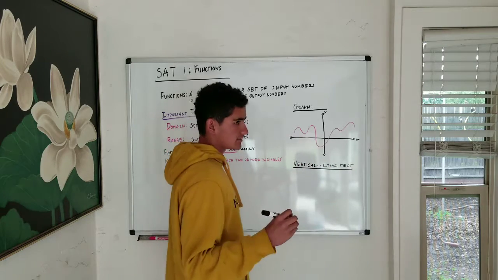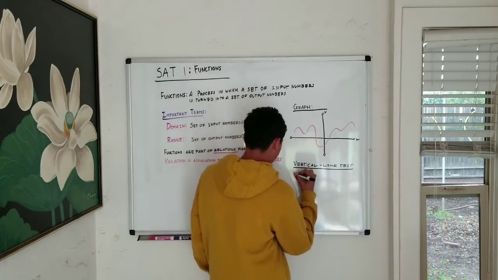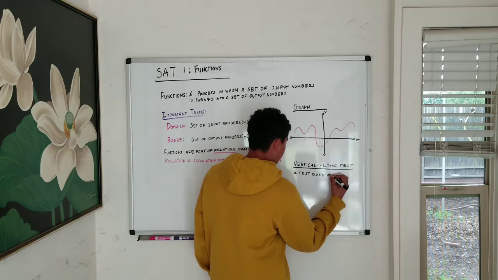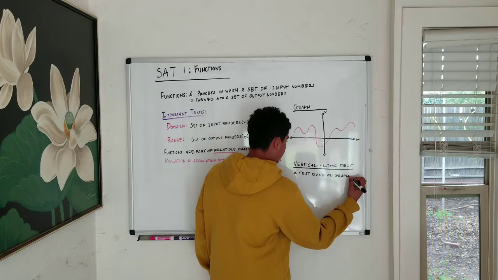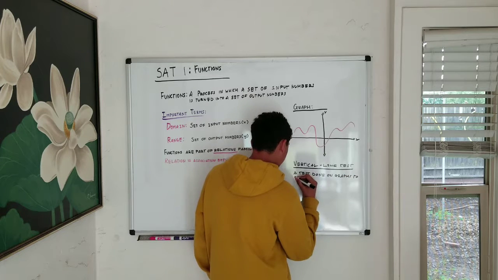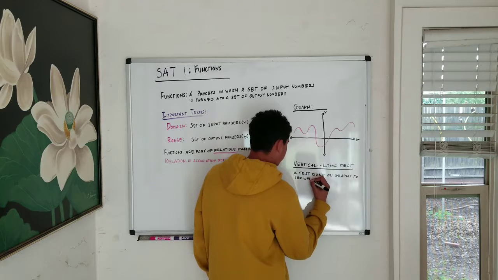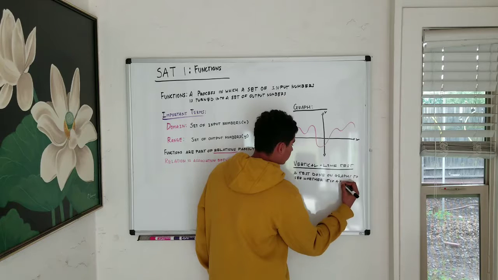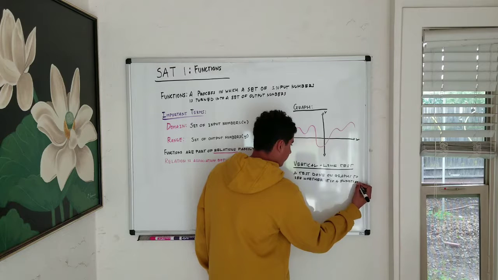The vertical line test is a test done on graphs to see whether it is a function or not.